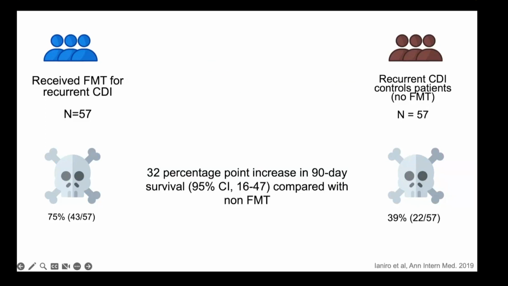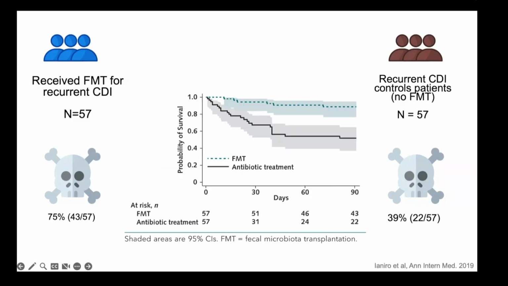And I think this is really nicely illustrated in the Kaplan-Meier curve, where you can see clearly that the two groups separate, and there's no overlap in the 95% confidence interval.